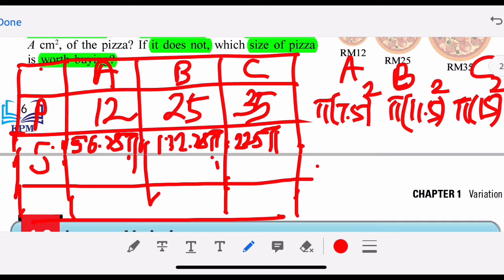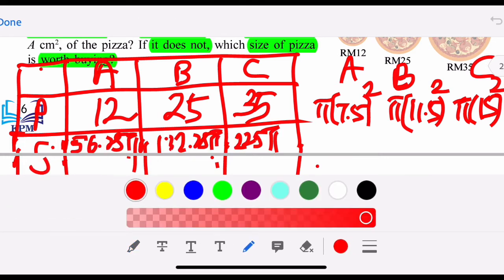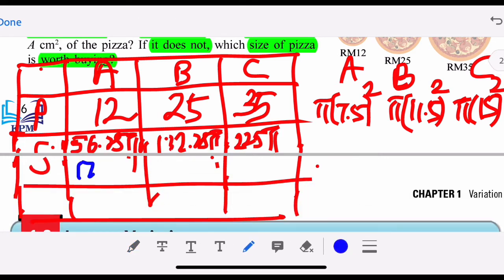Okay, you can times with the calculator pi for the surface area. If I times 56.25 times shift pi from the calculator, I will get 176.71.